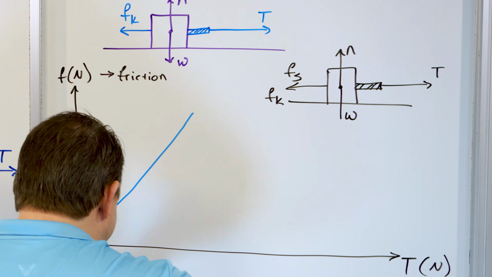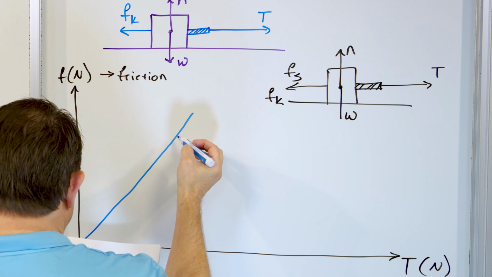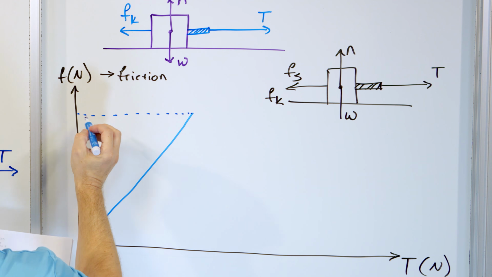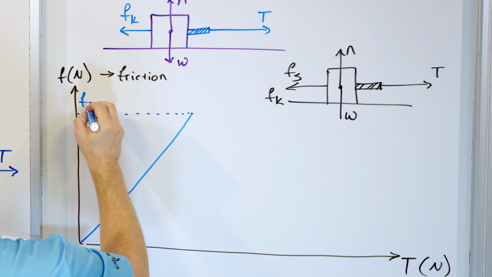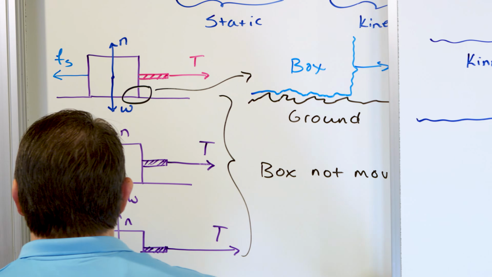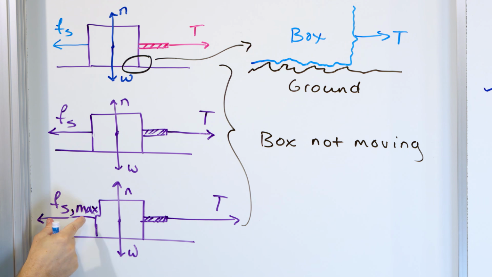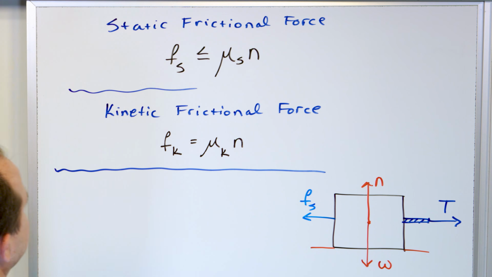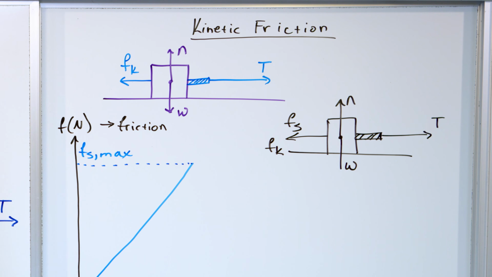And then eventually I hit some critical value of the frictional force, and this is called Fs max. That's what I wrote down on this board over here. I said eventually you reach a point where you cannot get a higher frictional force. That's the maximum value because it cannot get bigger than this number. And that is right here at the top.